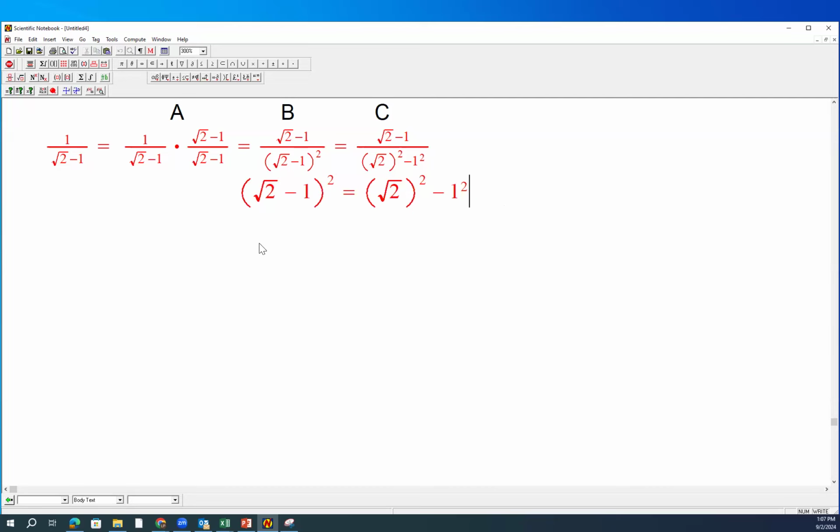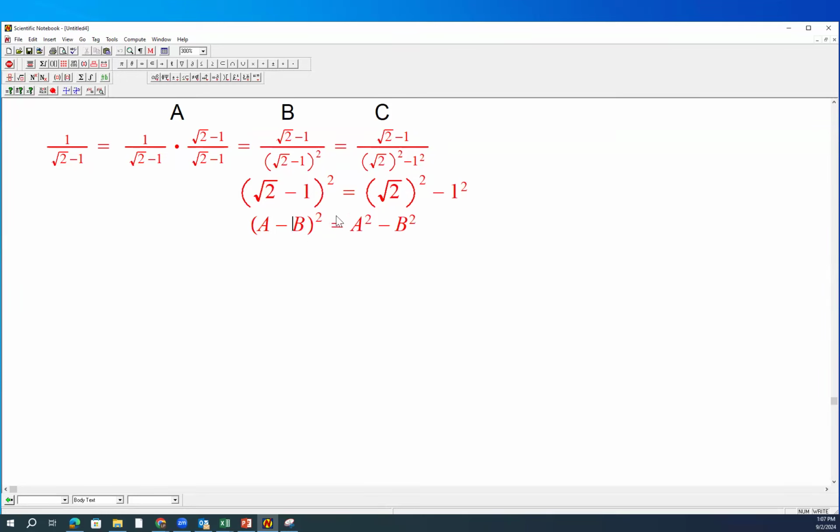Because this is a mistake that amounts to saying (a minus b) squared is equal to a squared minus b squared. This is a very common mistake. That's not true.